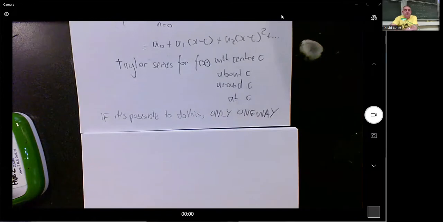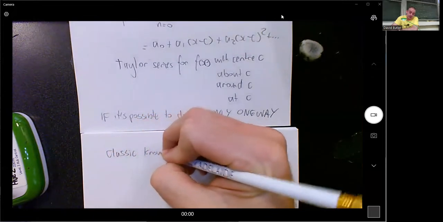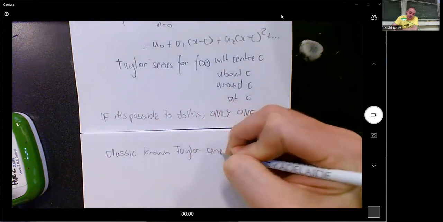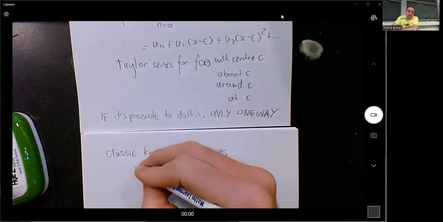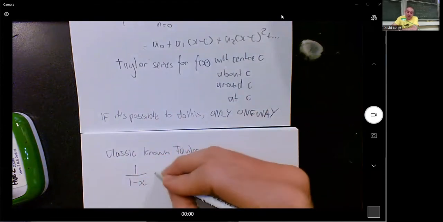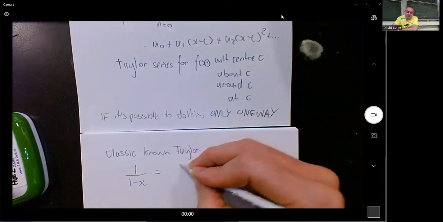Cool. So we're going to declare right now, without doing any proofs, two classic Taylor series. Here we go. If this is my function, then its Taylor series is this.